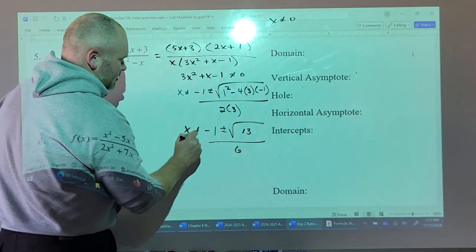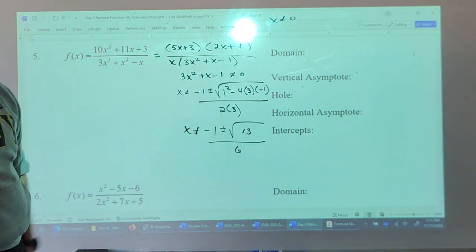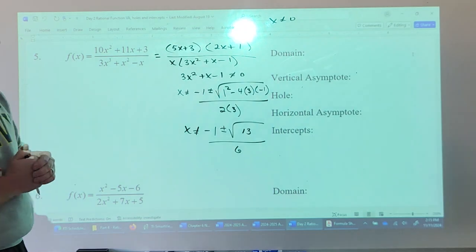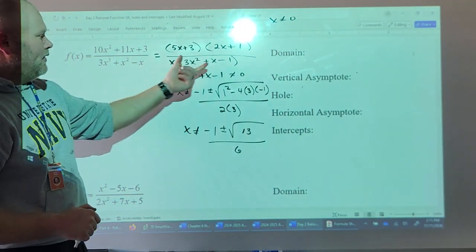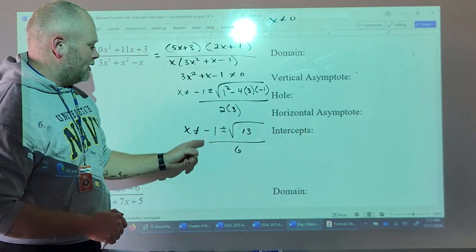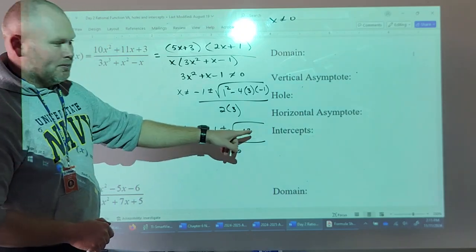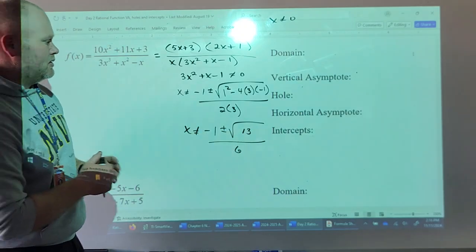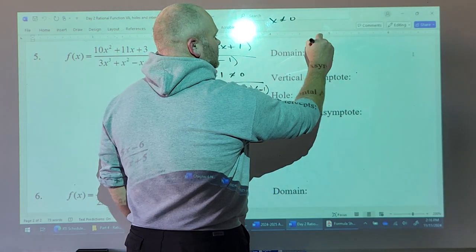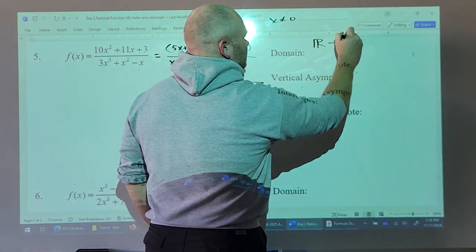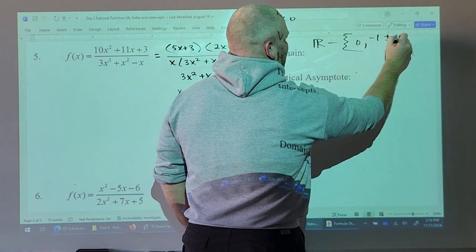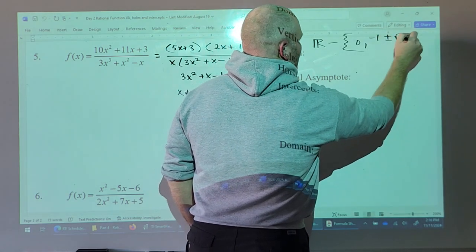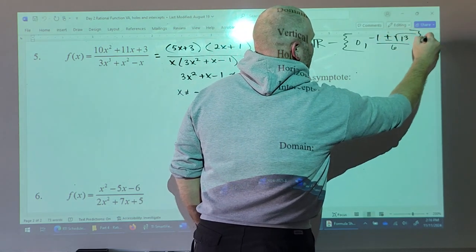This is even messier because it doesn't come out to a nice number. That's why it was unfactorable. Okay, so we know x can't be 0. And then from the quadratic formula, x can't be negative 1 plus or minus the square root of 13 over 6. So domain-wise, all real numbers except 0 and negative 1 plus or minus the square root of 13 over 6.